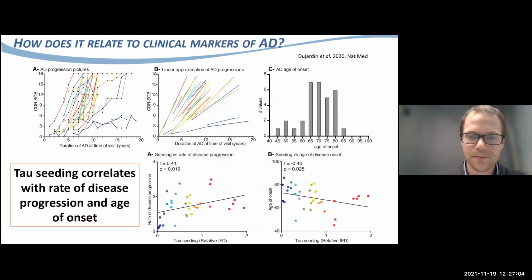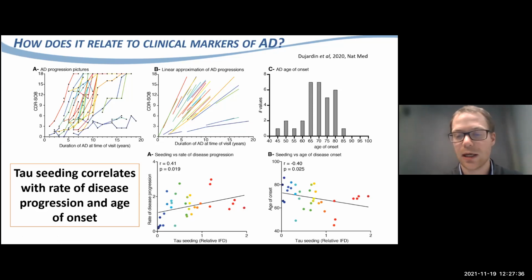So we decided to correlate this rate of AD progression with tau seeding, and also the age of onset. And what you can see in these two graphs here is that we have a significant correlation between tau seeding and the rate of disease progression, and an inverse correlation between the age of onset and tau seeding in these cases.